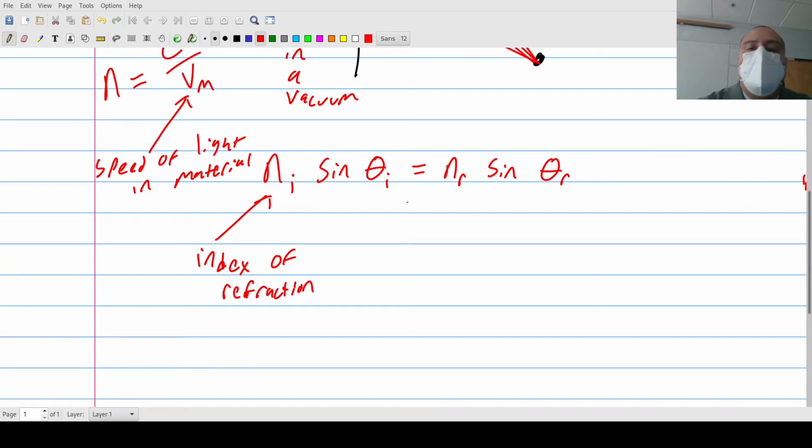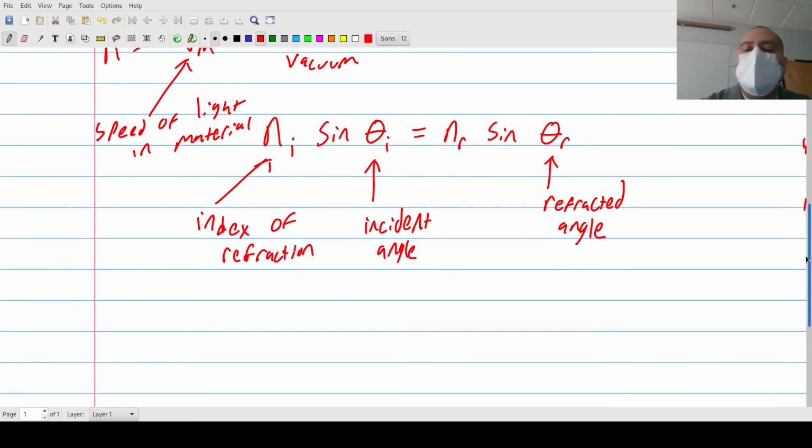We have over here these thetas, and these thetas are angles. So this is what we call the incident angle. And this is what we call the refracted angle. So what do we mean by incident and refracted?